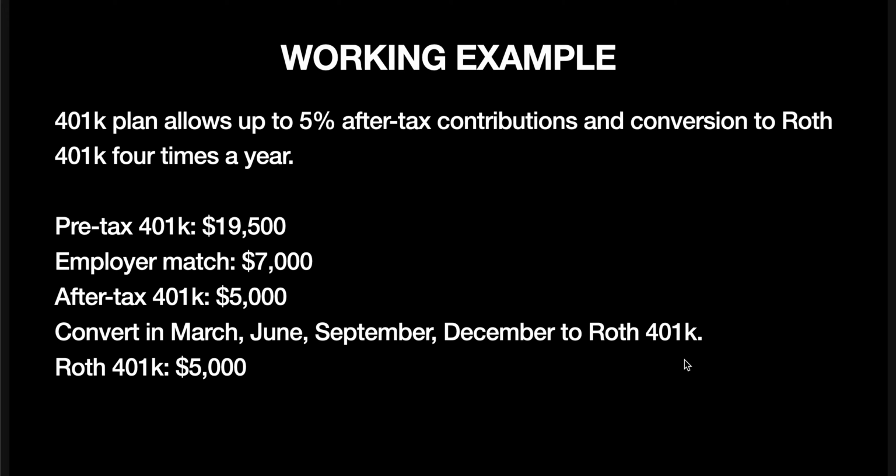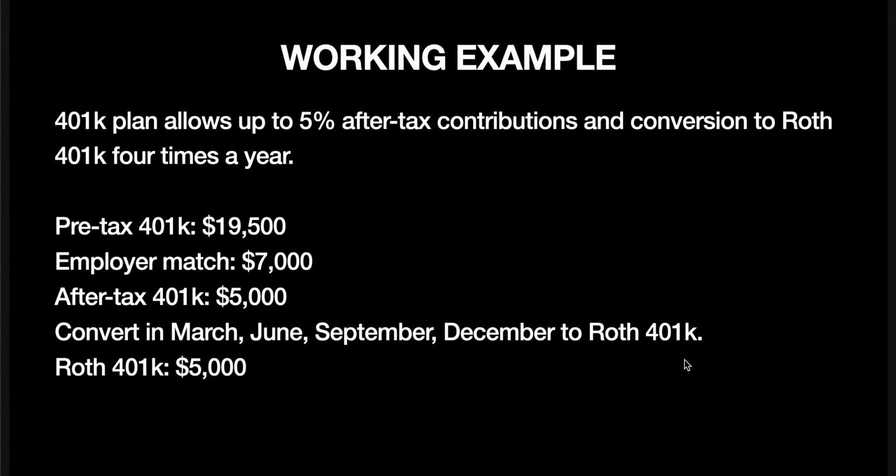The important part, and this is why I say this method, the Mega Backdoor Roth, is independent of the type of account, 401k or IRA, and is more about the tax definition that the money falls under being Roth. All right, so the pre-tax 401k contribution of 19,500 per year, the employer match here in this example being $7,000 per year, and then the after-tax 401k contribution that the person has elected at up to 5% of after-tax contributions of $5,000.